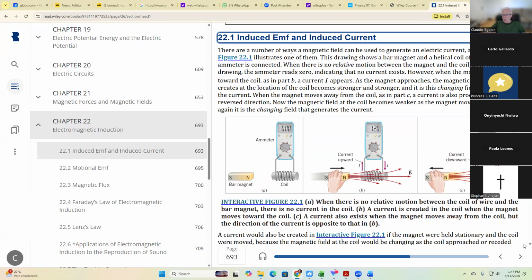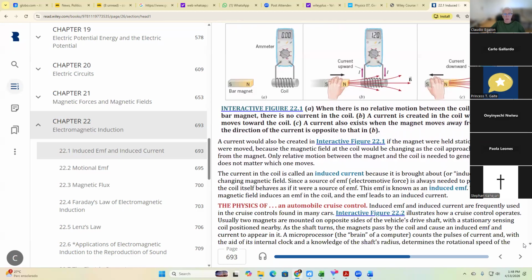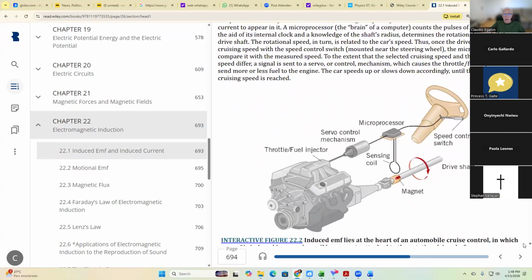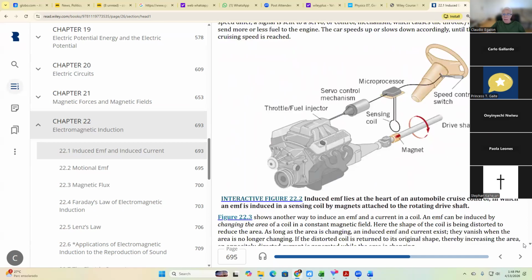This is a well-known effect that is spelled out in a law of physics. And that's what 22.1 is all about. Okay. And here's an application of induced electromotive force in the cruise control.